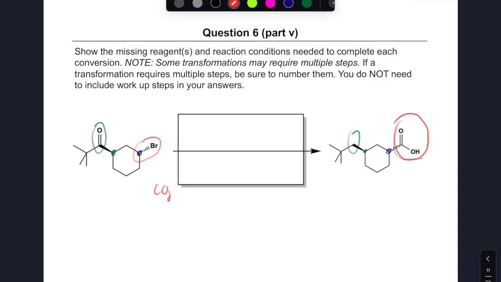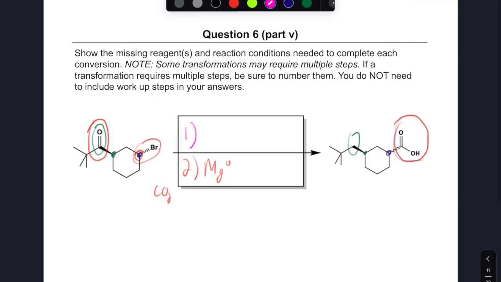However, we do not want to do the Grignard addition or magnesium formation first. It has to be second, because if we make a nucleophilic center here while that carbonyl is still present, we're actually going to get cross-reactivity. The first thing we want to do is reduce that, or blow away the carbonyl. Remember, we have two conditions for that, the Clemmensen reaction and the Wolff-Kishner. We are going to use the Clemmensen. That's our zinc, mercury under acidic conditions.